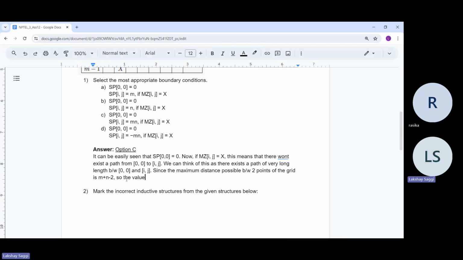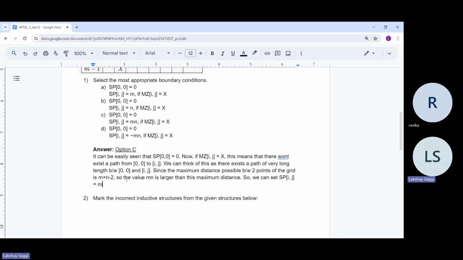So the value Mn is much larger than this. So not, let's just say larger than this maximum distance. So we can set SP[i][j] equal to Mn.